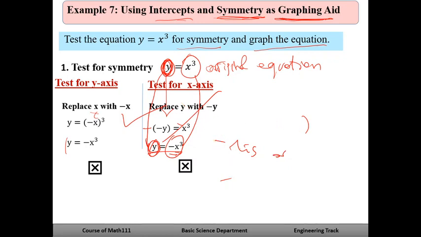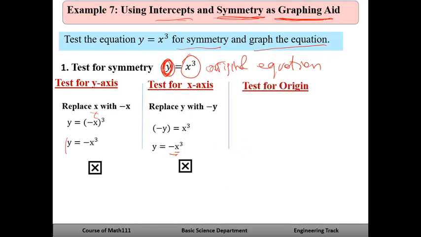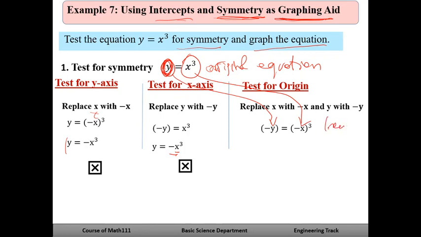The test fails. Now let's look at the other one, testing for the origin. Replace x with minus x, y with minus y. So here we replace y with minus y, x with minus x. So this is the new equation. Now we will have this one.